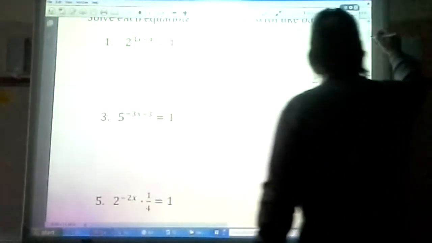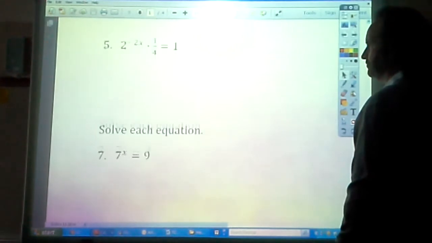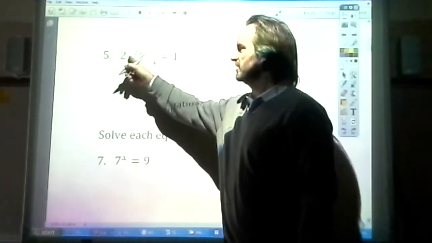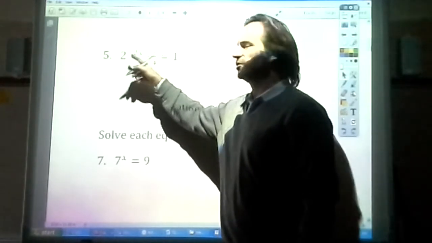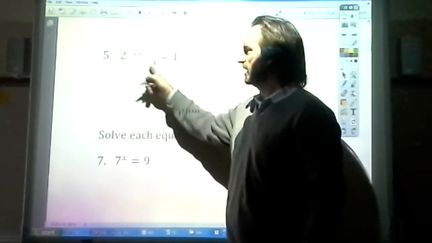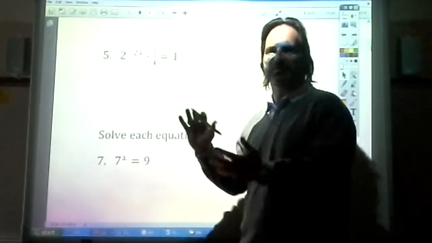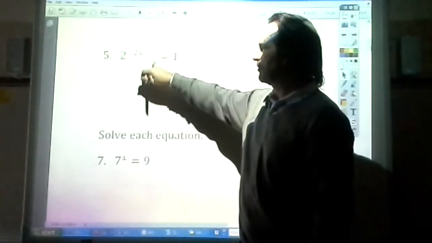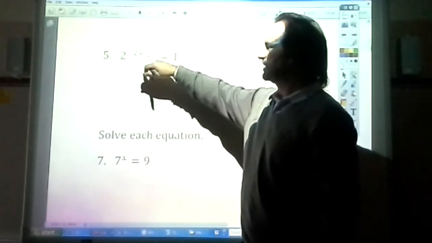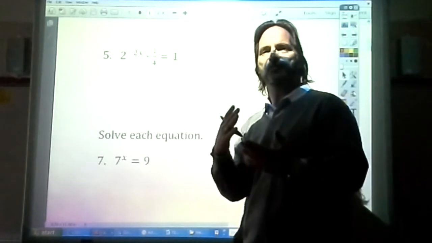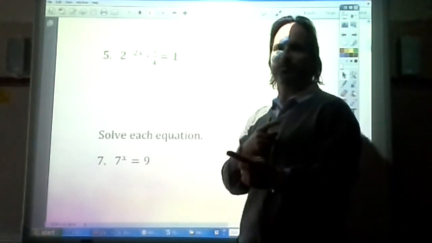Okay? And any time, like here, I want to get this exponential function just b to the x power. I don't want any other, like I don't want a times b to the x power. So let's get rid of this. Multiply both sides by 4 over 1. Remember, we get rid of a fraction multiplying by multiplying by the fraction's reciprocal.